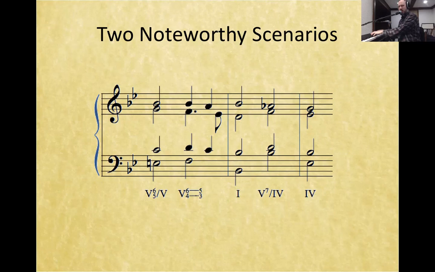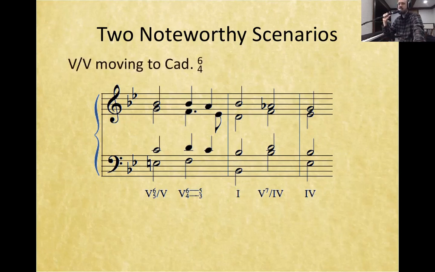The sopranos need to resolve that. See how the sopranos don't resolve that 7th right away. So the resolution of the 7th is delayed in this situation because it moves through the cadential 6/4.